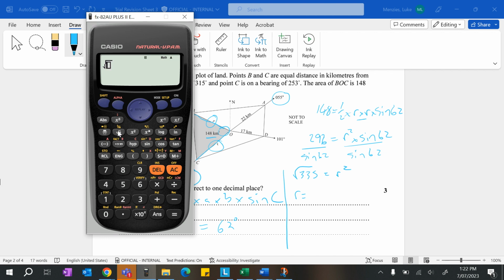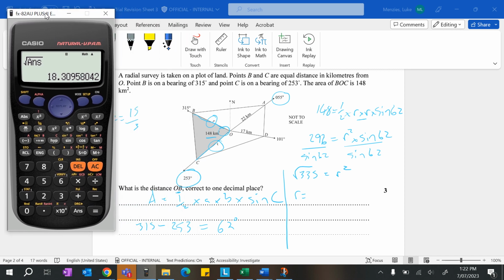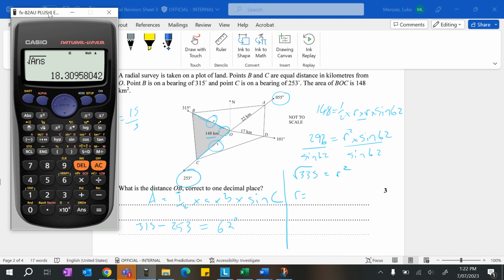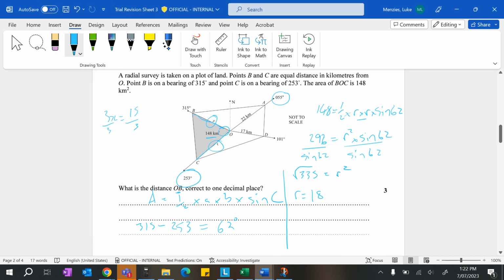The square root of the answer is equal to 18.3. Did it ask for the nearest one decimal place? Okay, so we're going to call it 18.3.